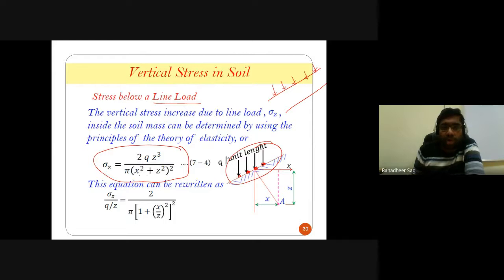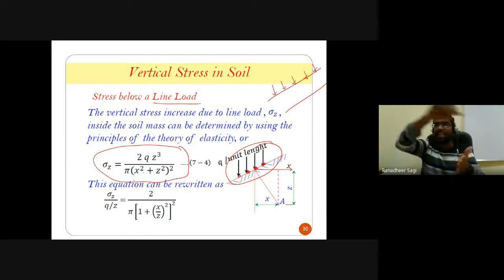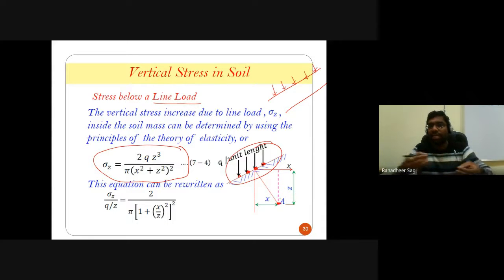Okay, so what does this x square mean? As it is a line load now, the loading cannot be considered axisymmetric in all the directions. You cannot consider it as symmetric. That's the reason why the so-called radial distance is now taken in the x direction.